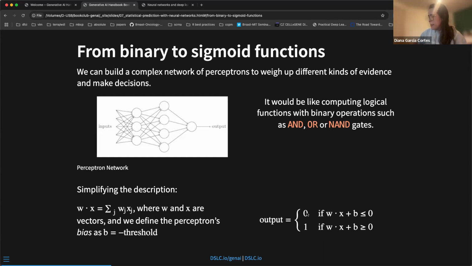Again, it's going to be a binary output, but now we take the dot product, and if the multiplication of our weights times the inputs plus a bias is less than 0, then we have 0 as an output, and if it's greater than 0, we have 1 as an output. That bias is just the negative value of the threshold.